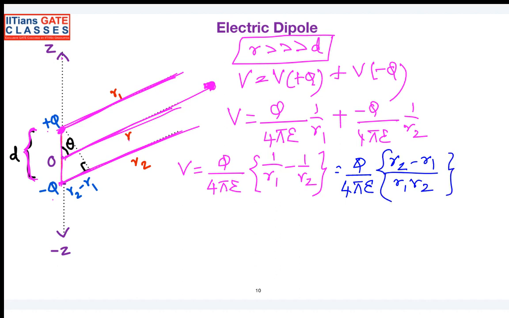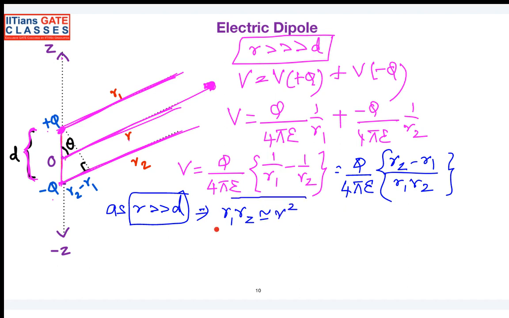So what will happen when you consider a point very far away from the source? That means your R is much higher. Can I do the approximation something like this? R1 into R2 can be approximated to R square. Is my assumption okay? The moment you are very far, R1 and R2 both look to be the same.